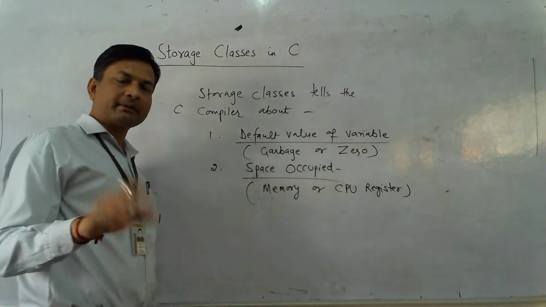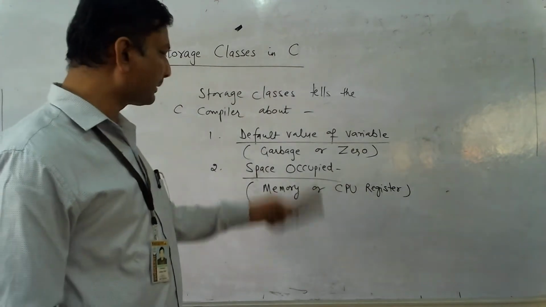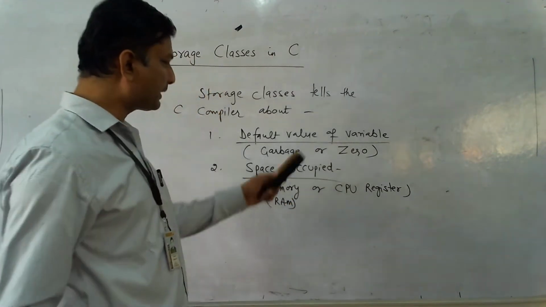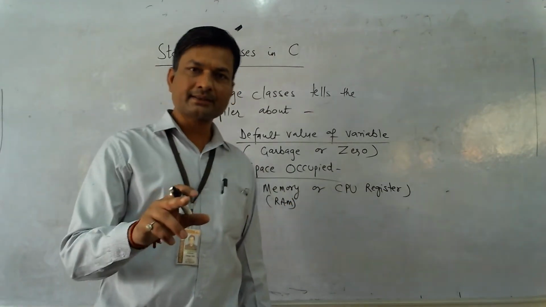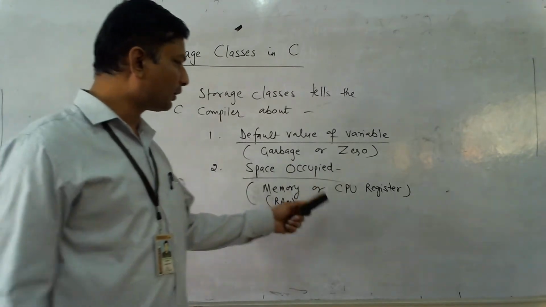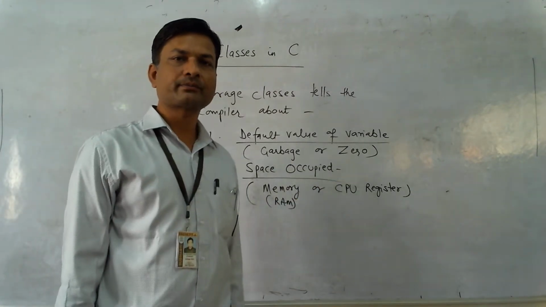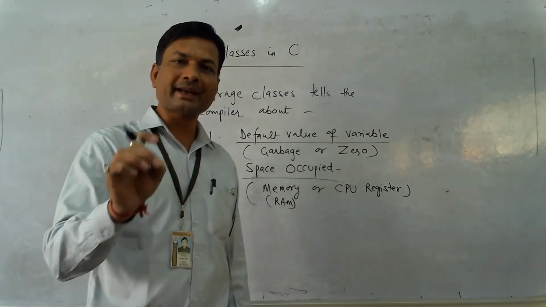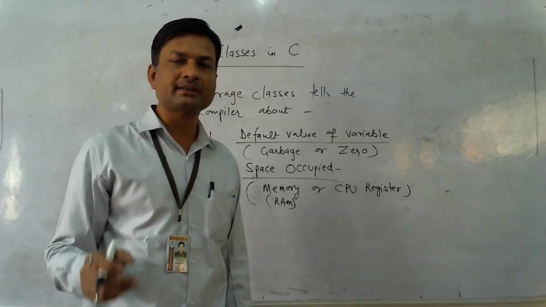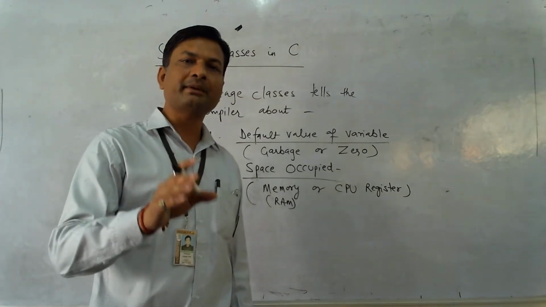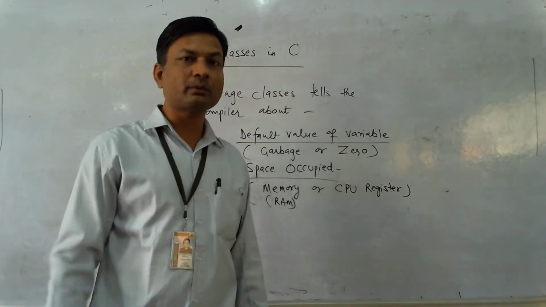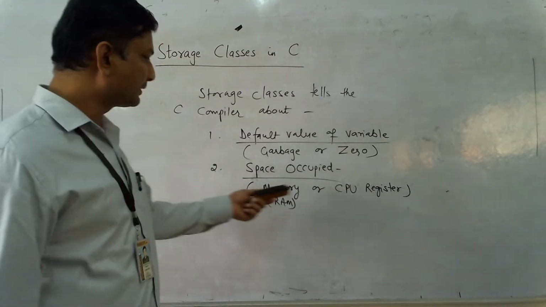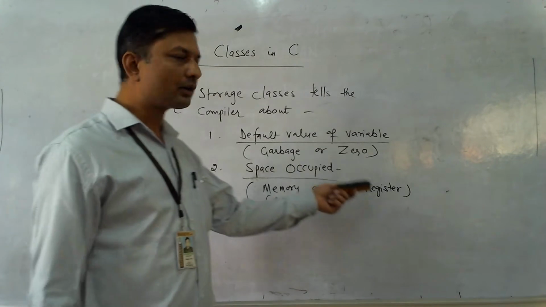It means a variable can occupy space either in memory, memory means RAM, or in CPU registers. Whatever space is required, if it belongs to data type char, obviously it will occupy 1 byte of space. If it belongs to data type int, then it will occupy 2 bytes of space. But the place where it will occupy that space is either memory or CPU register.